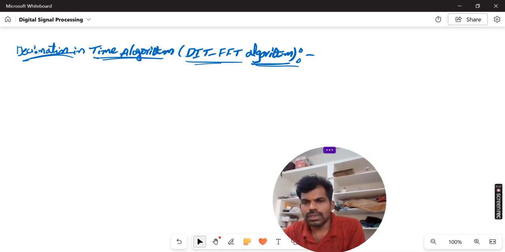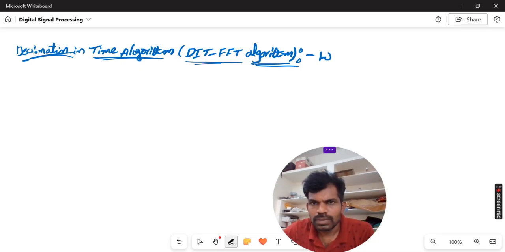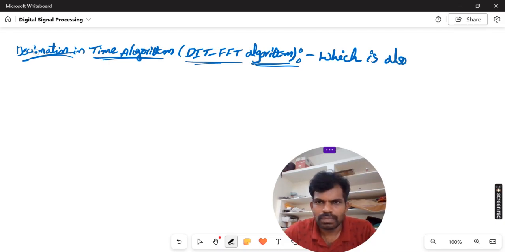Which is also called the radix-2 FFT algorithm.